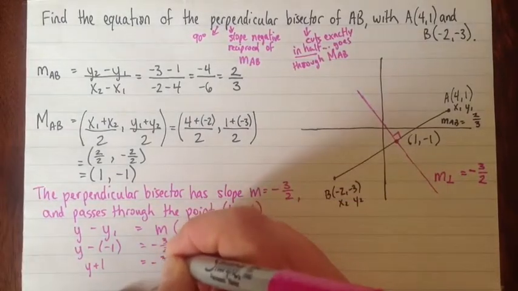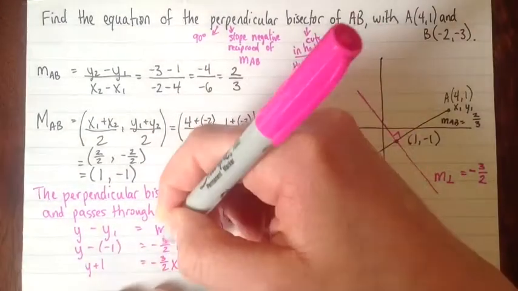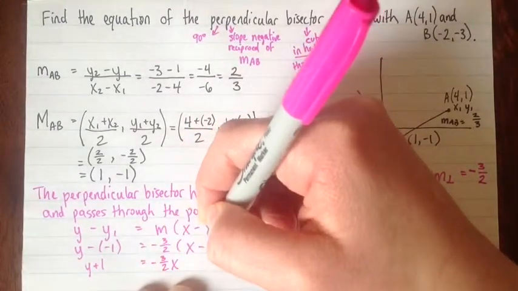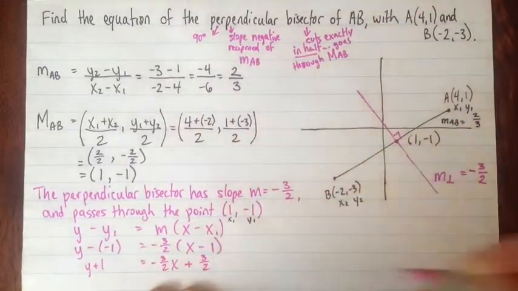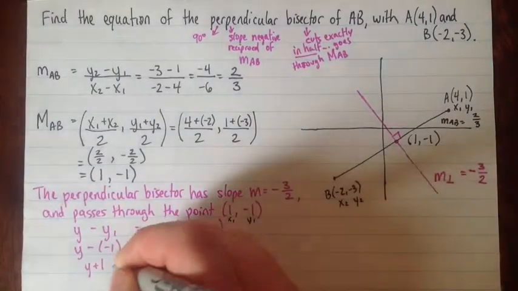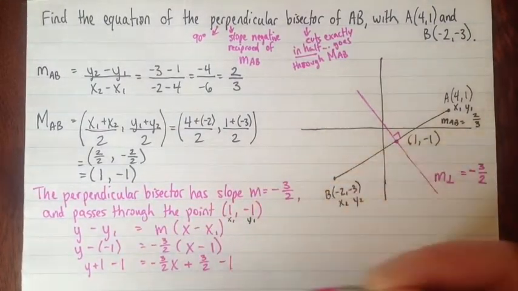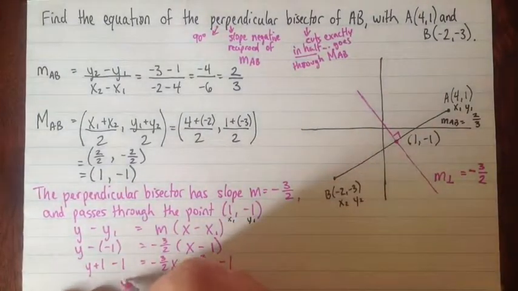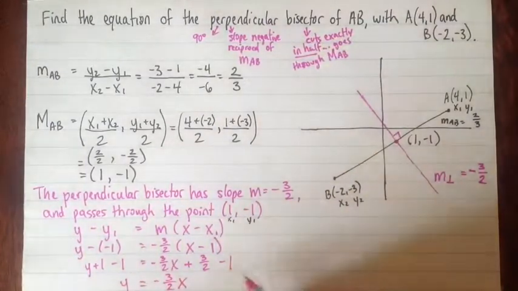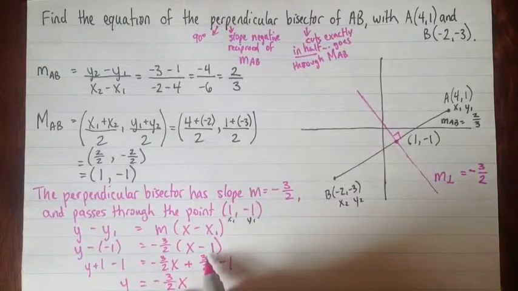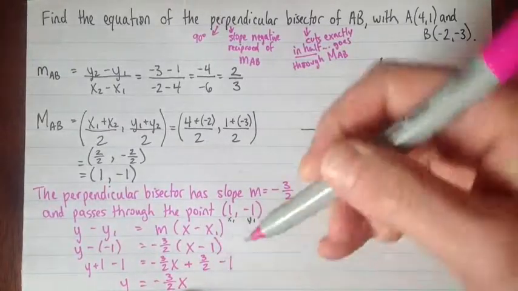I have negative 3 over 2 x, and then negative 3 over 2 times negative 1 will be plus 3 over 2, and then I'll subtract 1 from both sides. So I have y equals negative 3 over 2 x, plus 3 over 2 minus 1.